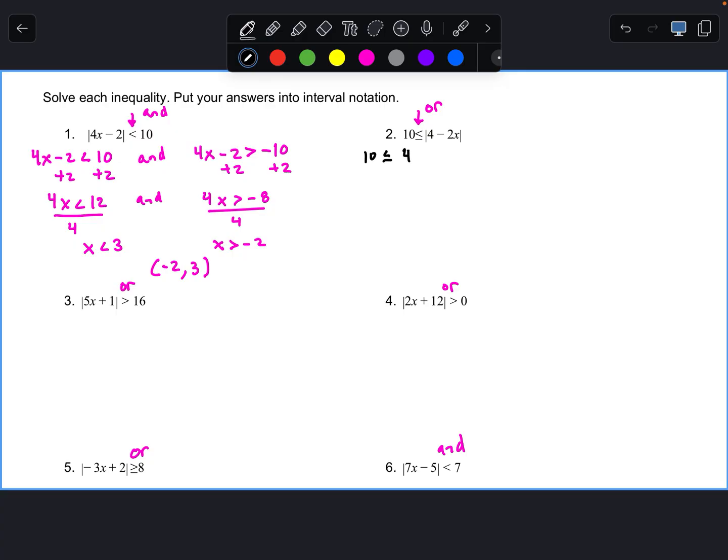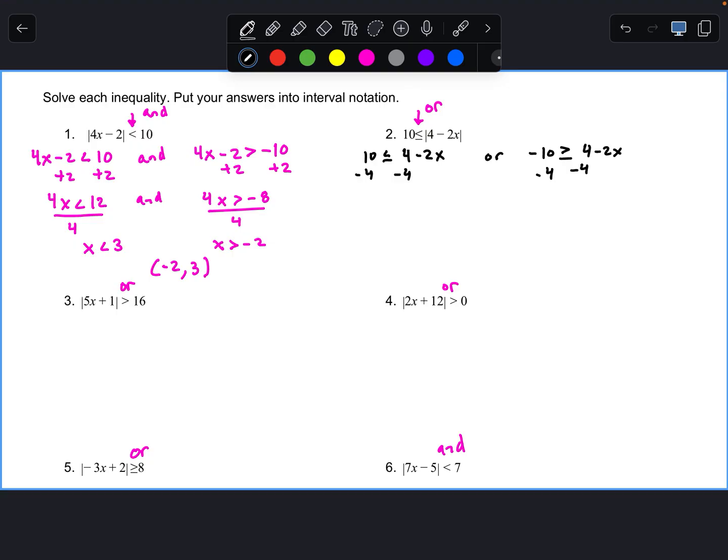Again, we're copying down exactly as written, just removing the absolute value. And then for the second one, we're going to include the negative into the 10, flip the sign, and where the absolute value was, it looks the same. We do inverse operations once more.